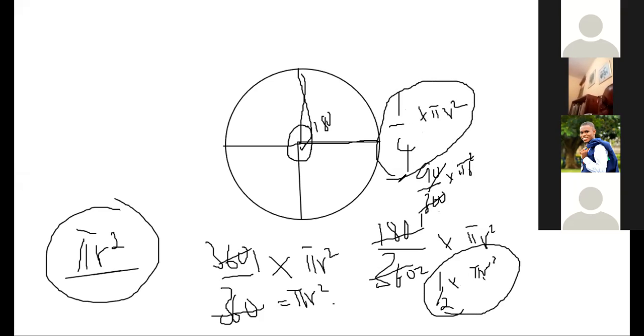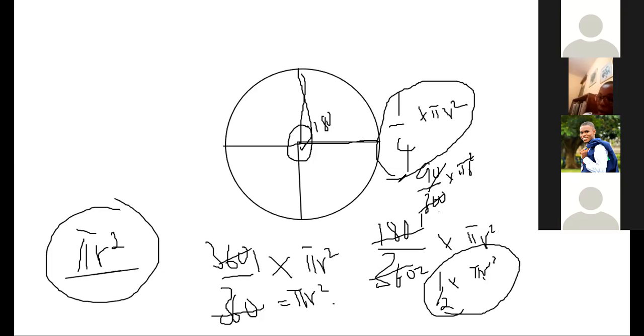So that's finding the area of a quadrant, the area of a semicircle, and the area of a circle. The area of a circle is the radius multiplied by itself, that's r squared. If you are squaring any figure, you are multiplying that figure by itself. So r squared will be what? R times r.